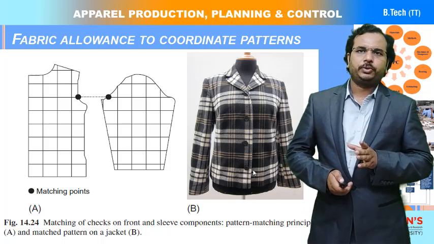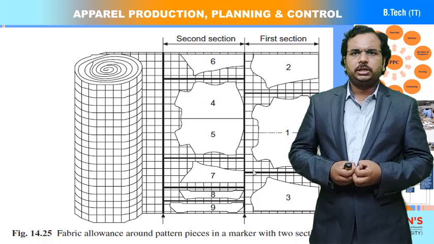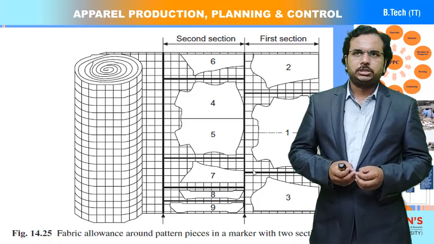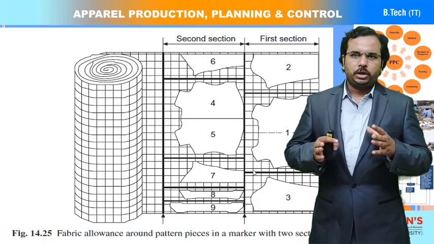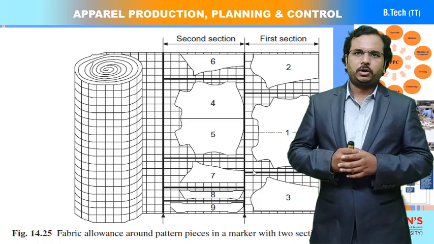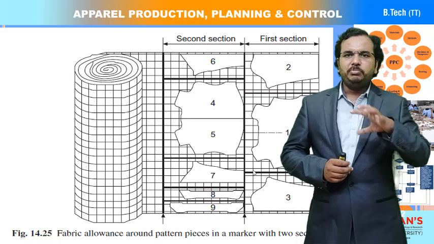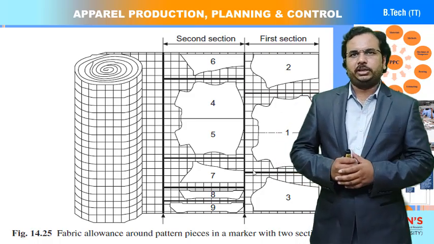Okay, and you can see the fabric allowance around pattern pieces in the marker with two sections. On all the sides we leave some space or fabric allowances, including allowances in between the patterns also. So pattern to pattern there should be an allowance.